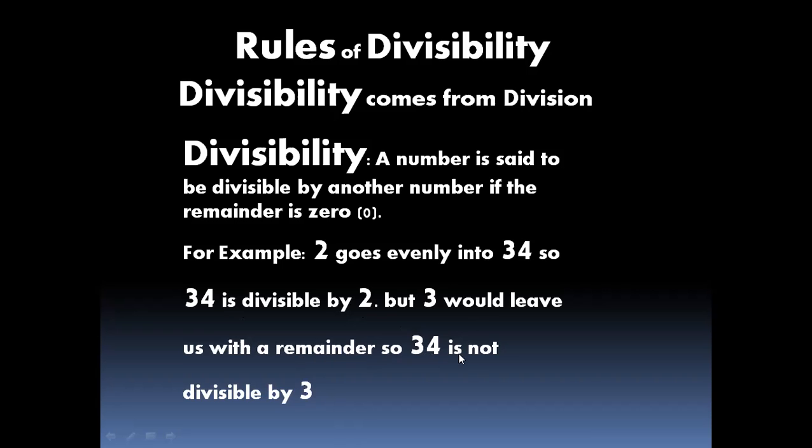So 34 is not divisible by 3. Dear students, this example means that if we divide 34 by 2, it will give us 0 remainder, which means that 34 will be divisible by 2.